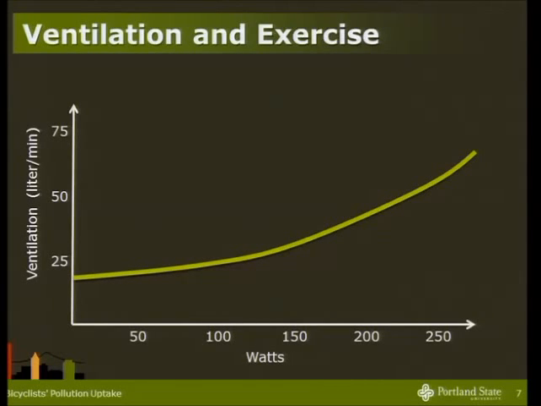And as a consequence, the more active travelers are going to be inhaling a larger mass of pollutants for a given exposure concentration. So the survey of the literature revealed that about 2 to 5 times higher ventilation rates are expected for bicyclists versus people who are not active travelers, so people in a motorized mode, either in a car or a bus. Generally about 2 to 5 times higher.